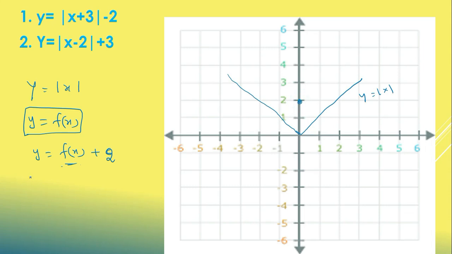Therefore, if I write y is equal to absolute value of x plus 2, it will be the same V from here 2 units up. Is that clear?